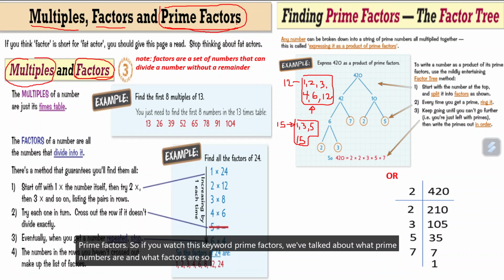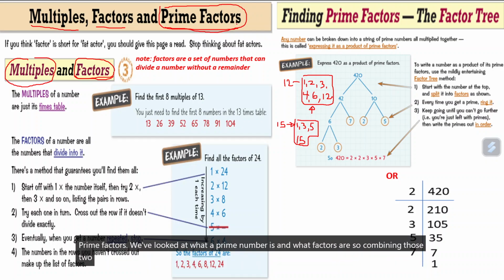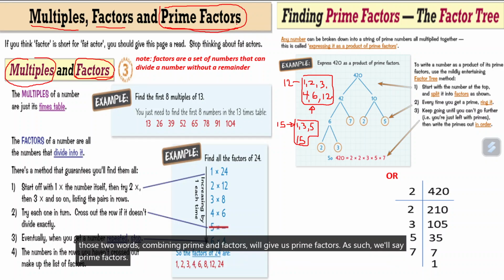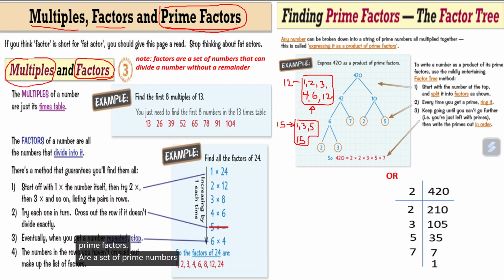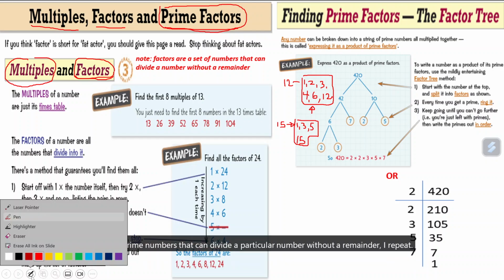Combining those two words, prime and factors, gives us prime factors. And as such, prime factors are a set of prime numbers that can divide a particular number without a remainder. I repeat. Let me see if I can write it down.